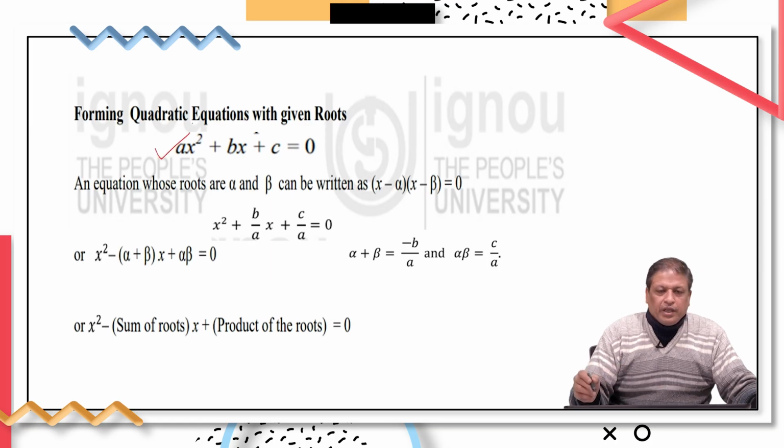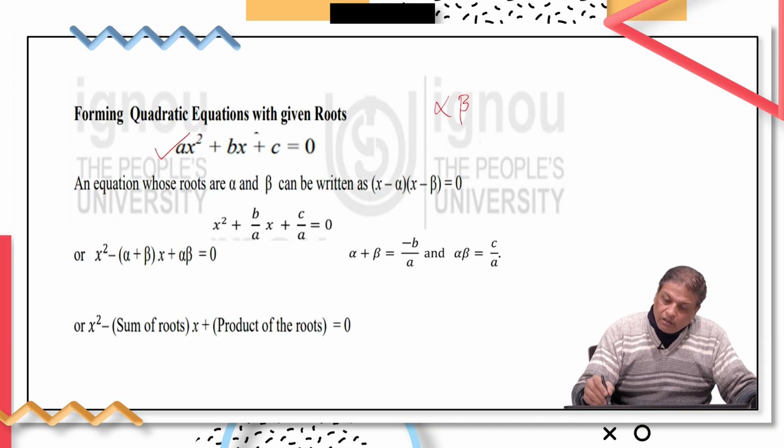Say ax square plus bx plus c is equal to 0 is the general format of a quadratic equation. Suppose alpha and beta are known, but the quadratic equation ax square plus bx plus c is not known. What is this equation? We know alpha and beta.